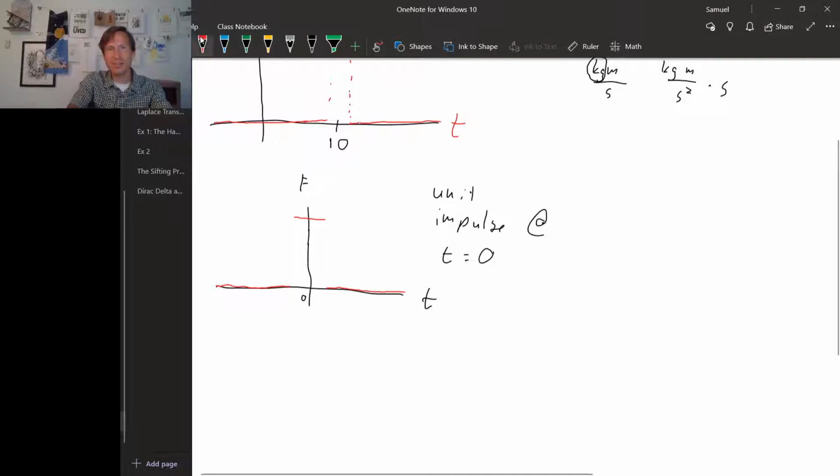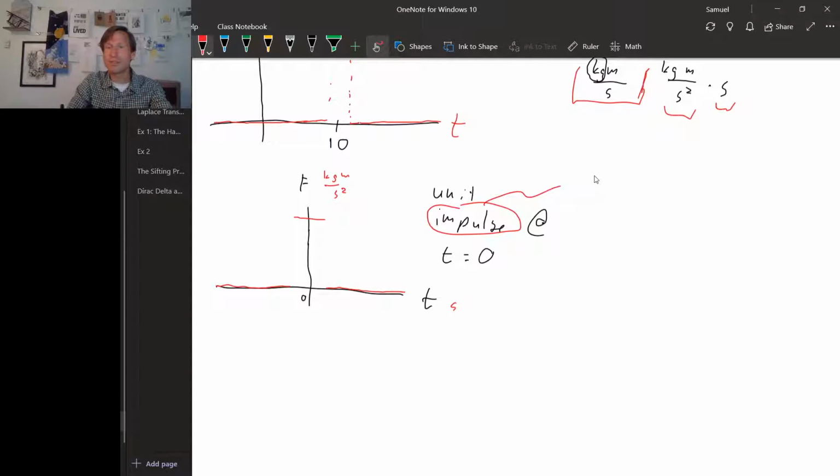Well, again, let's look at the units. Force comes in kilogram meter per second squared, and time comes in seconds. So our impulse, since it's force units times time units, is going to show up on this graph as an area.